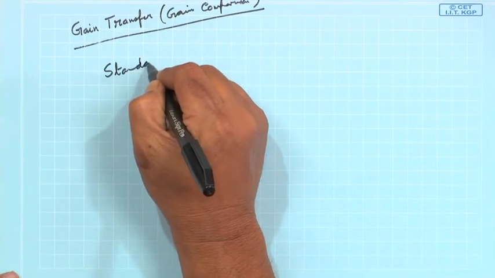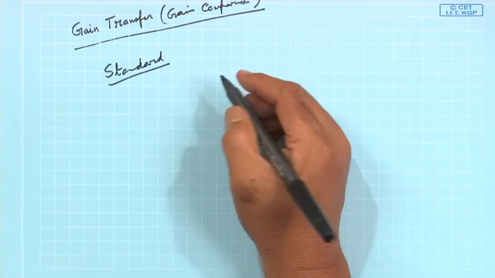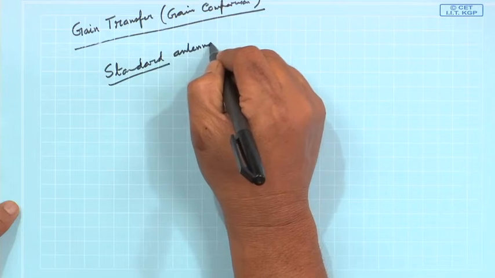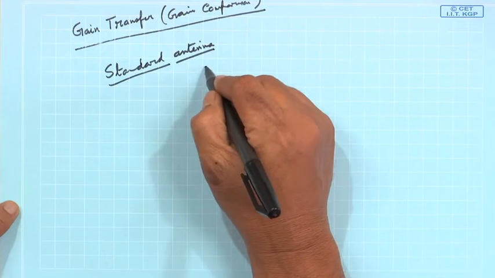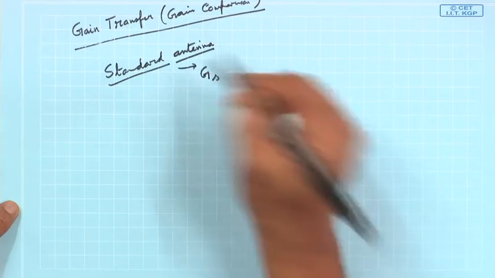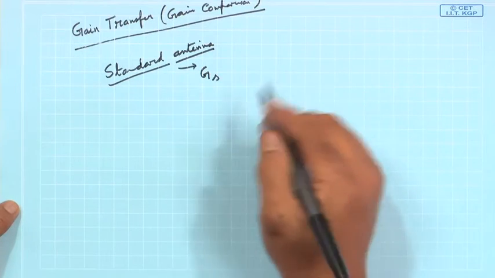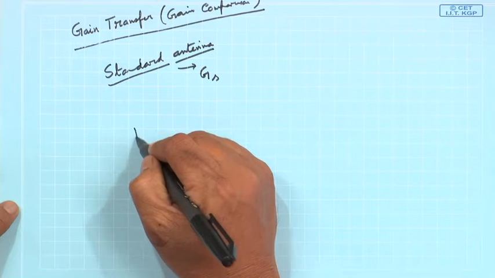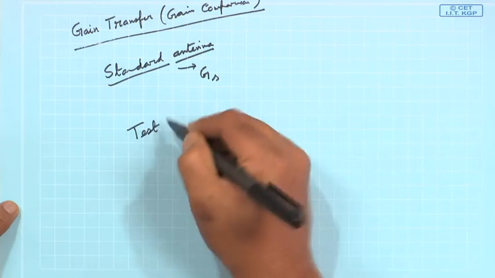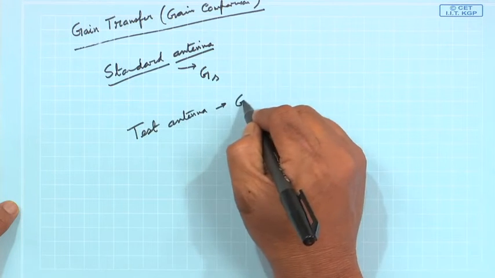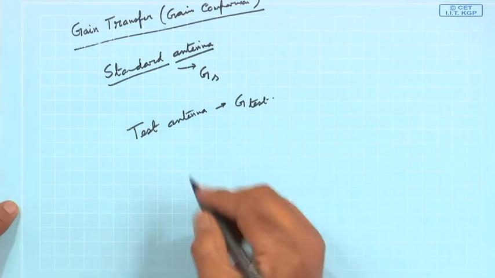So, what is done? This is a very simple experiment. A standard antenna is required, so you know its gain well. Let us call that GS, the standard antenna's gain. Now, the unknown antenna I am calling the test antenna, and its gain, let us say, is G test.